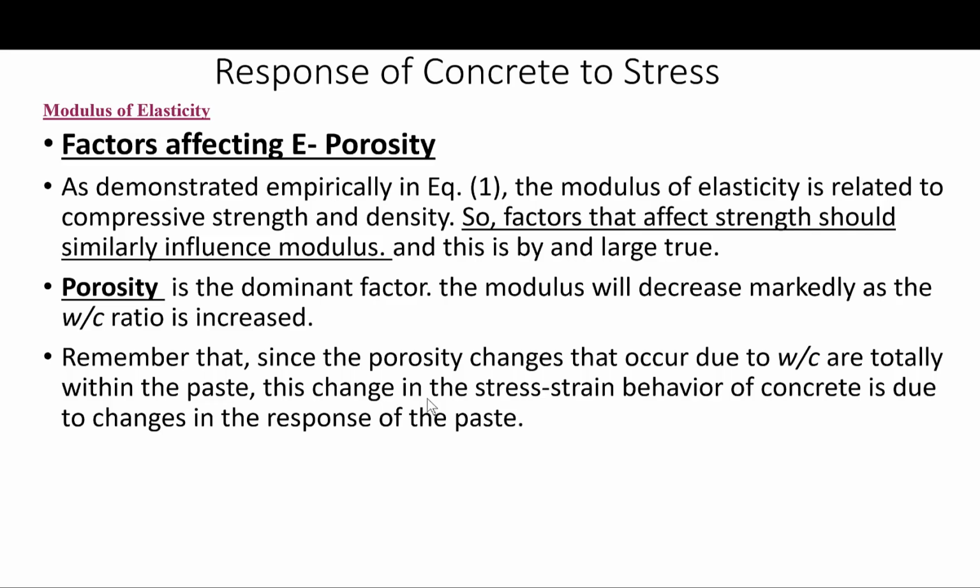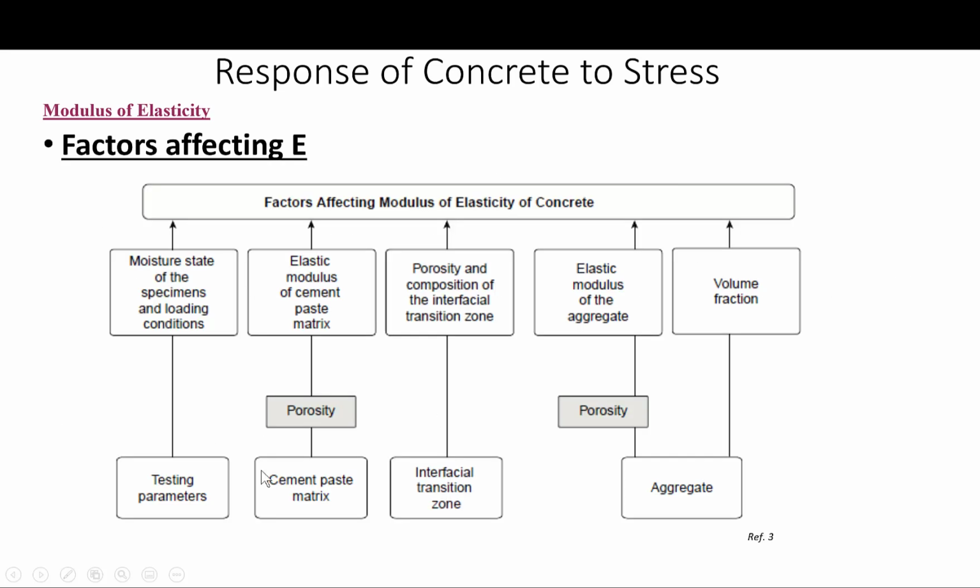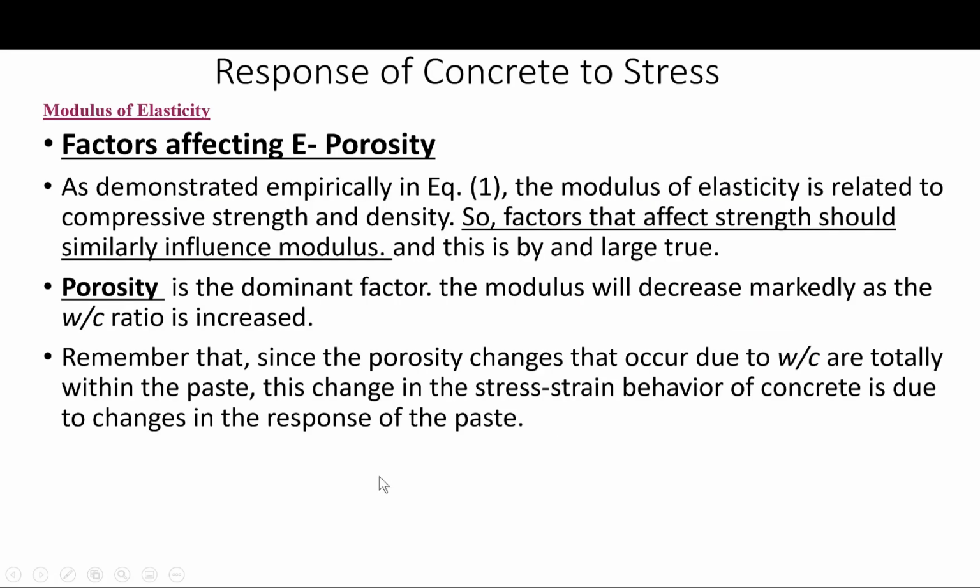We have to remember that the porosity changes that occur with the water-cement ratio are totally within the paste. So this change in the stress-strain behavior of concrete is due to changes in the response of the paste that is related to the porosity or the water-cement ratio, as you can see here.